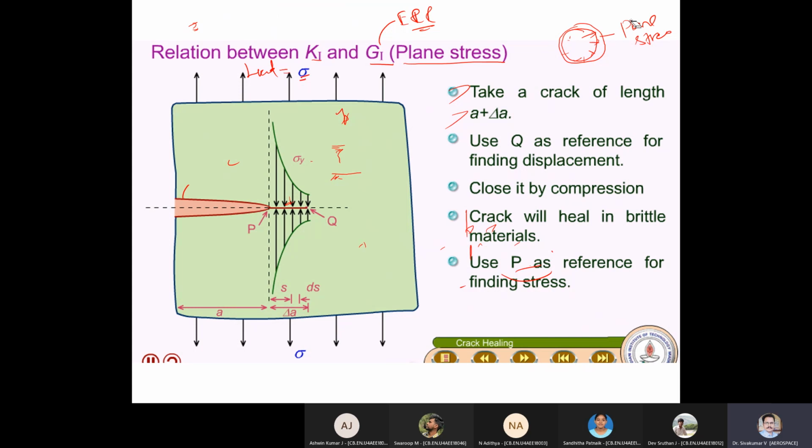I hope I made you understand the importance of 2D structures, plane stress and plane strain. Another method of simplification to 2D is axisymmetric structures. There are 3 ways to convert 3D to 2D: plane stress, plane strain, axisymmetric. That we are not dealing with now. Axisymmetric is also similar to this.